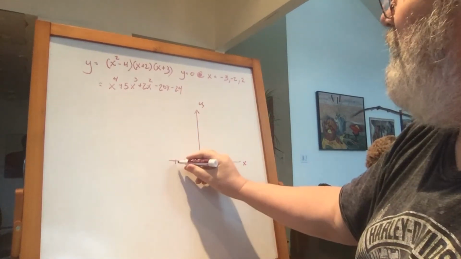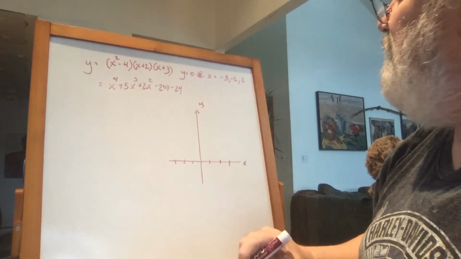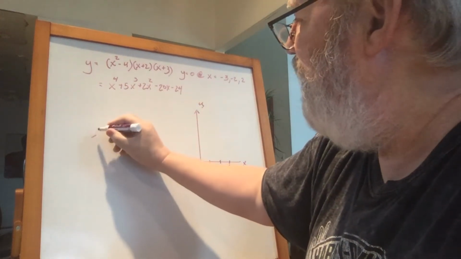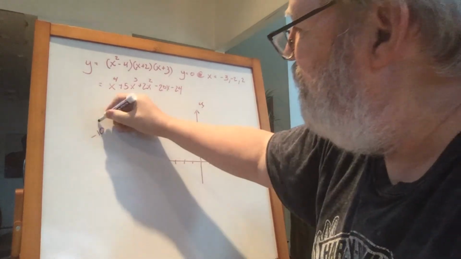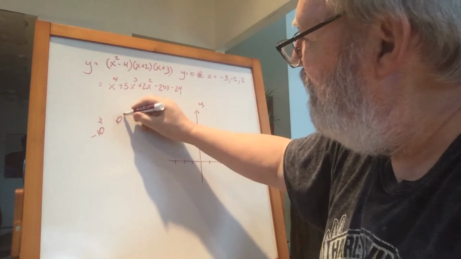So when this is a fourth order, any negative, let's say negative 10 to the fourth is going to be 10,000.